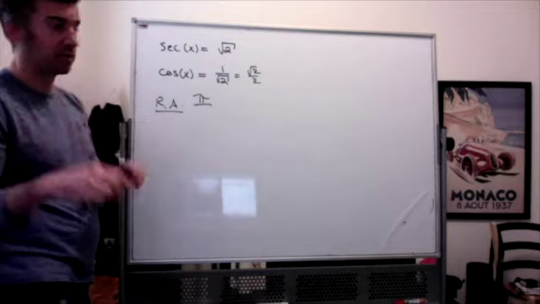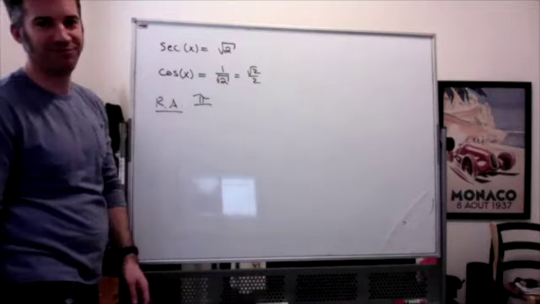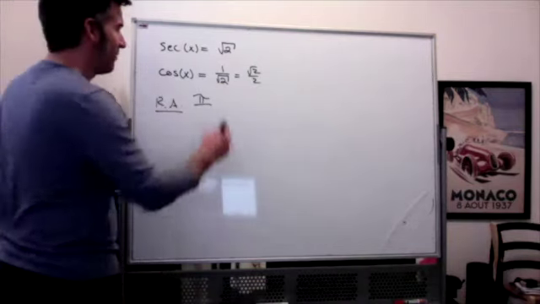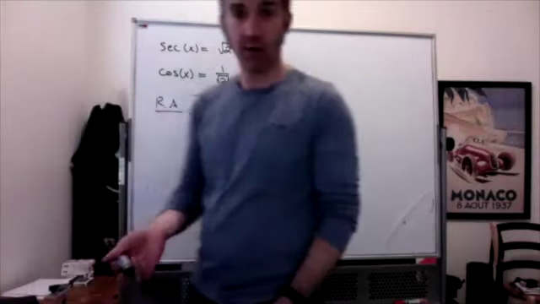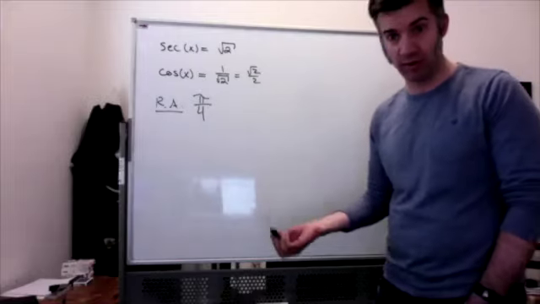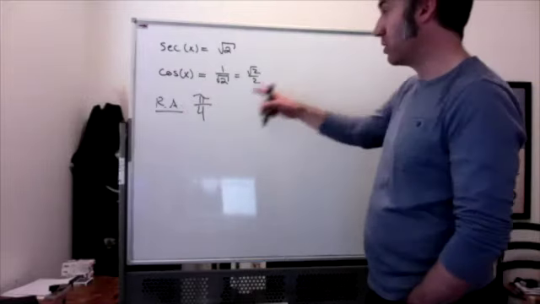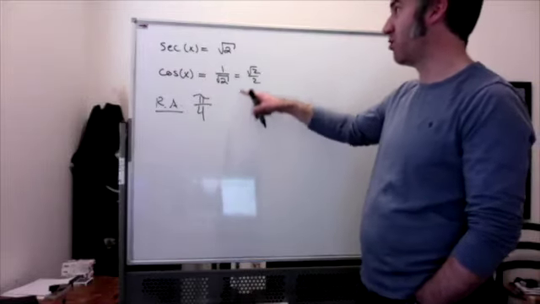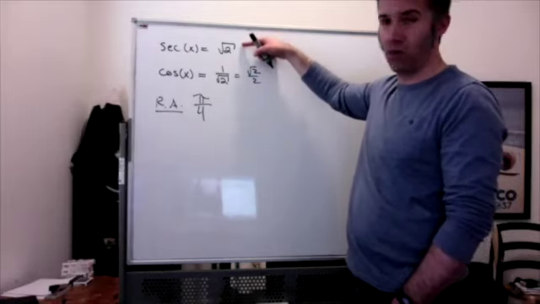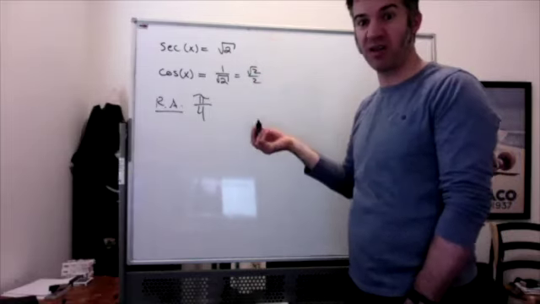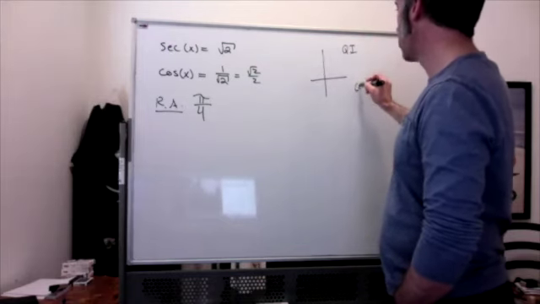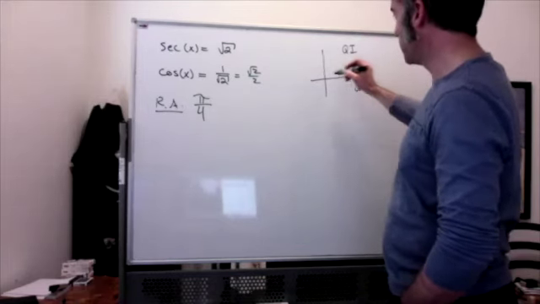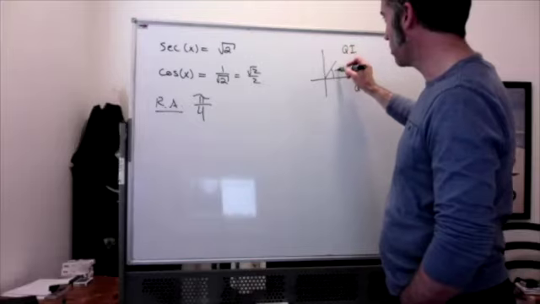Pi over 4, for root 2 over 2. The reference angle is pi over 4, because we know cosine of pi over 4 is root 2 over 2. Then we ask ourselves, where is secant or cosine, either way, positive? That's going to be in quadrant 1 and quadrant 4. So I need a reference angle of pi over 4.